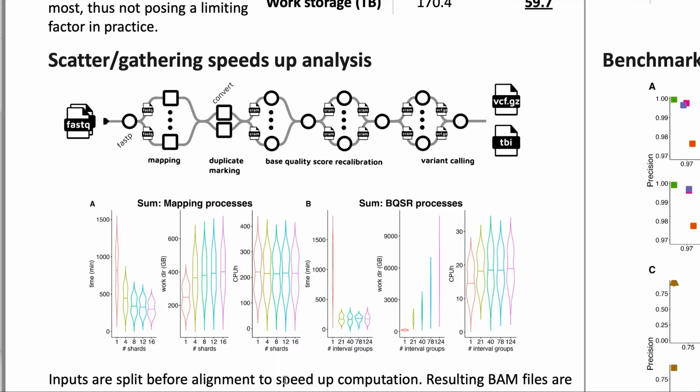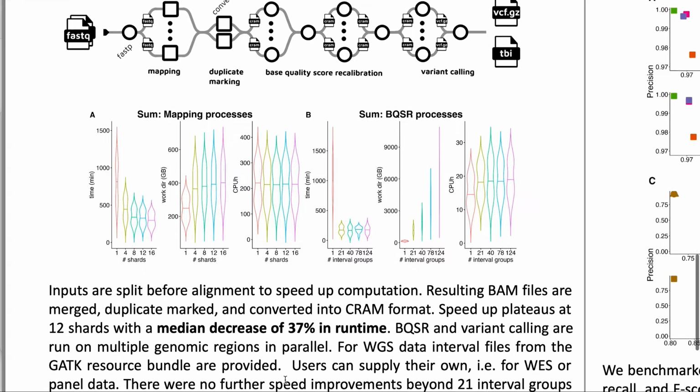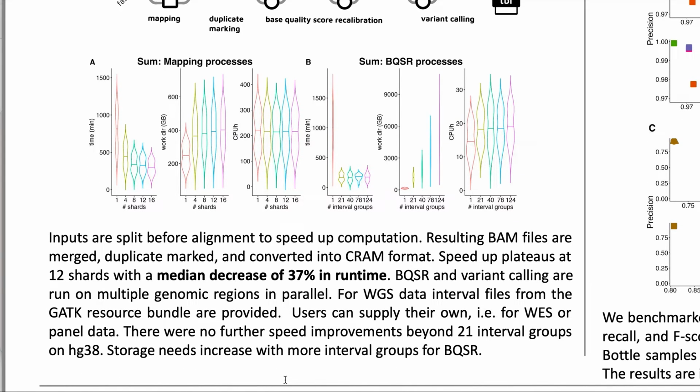However, it only gives us very marginal runtime improvements. So instead, we have now severely reduced the parallelization across interval groups to 21. And this leads to further storage space decreases by a factor of 5, as well as a decrease in runtime due to the mapping process.